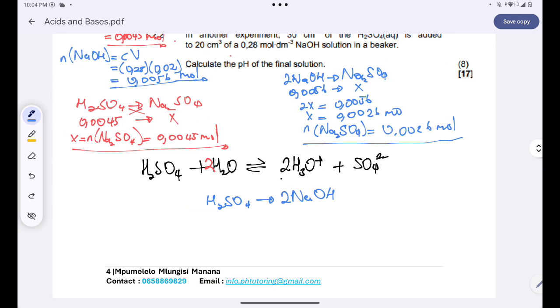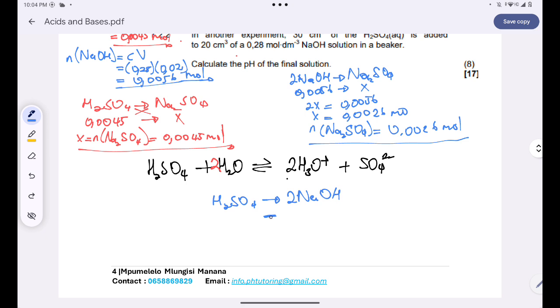Are you together? But now I do not have 2 moles of sodium hydroxide. I have 0.0056. I want to know how many moles of the acid I will need.